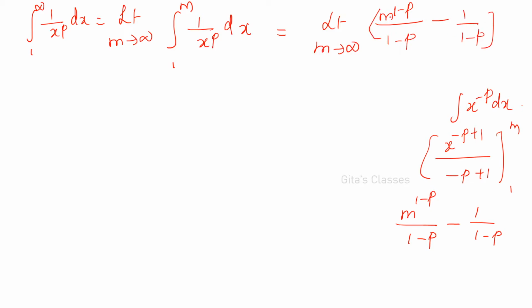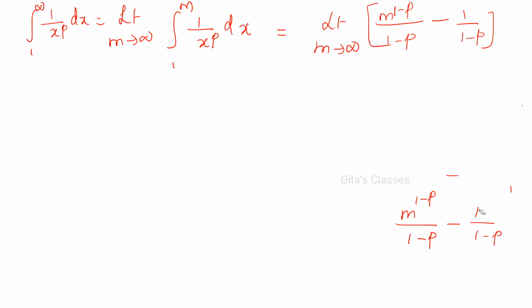Okay. Now we are going to apply the limit m tends to infinity. Now what is our assumption? What did you assume for p? The p value is not equal to 1, right? Therefore it may be greater than 1 or less than 1, right? Now when p is greater than 1, what will happen to this one? 1 minus p will become negative, right?